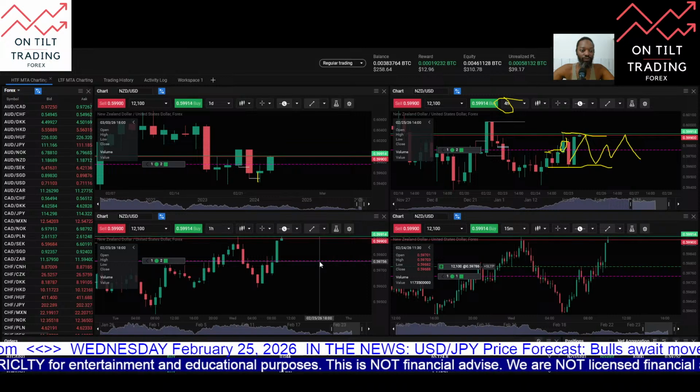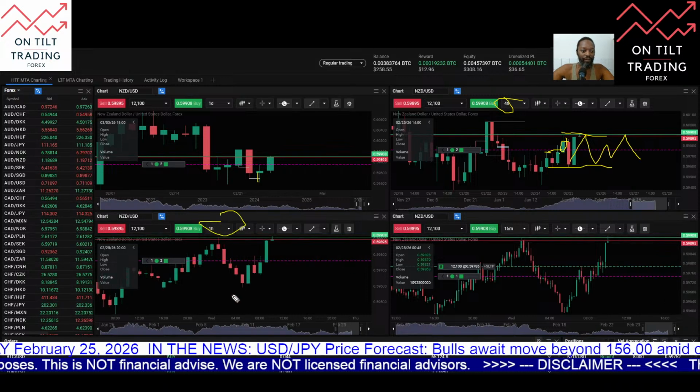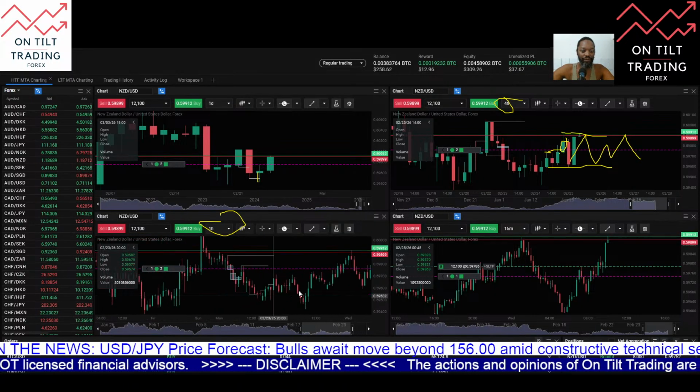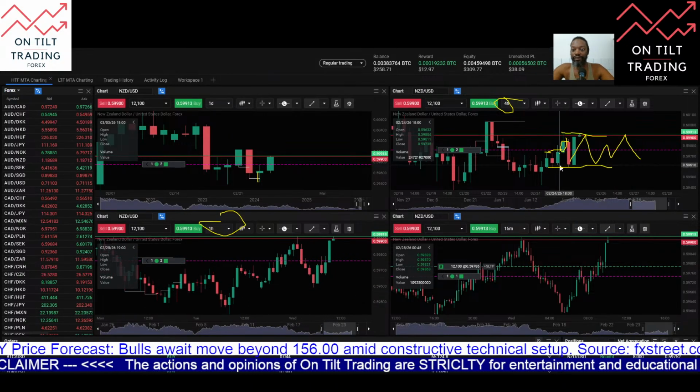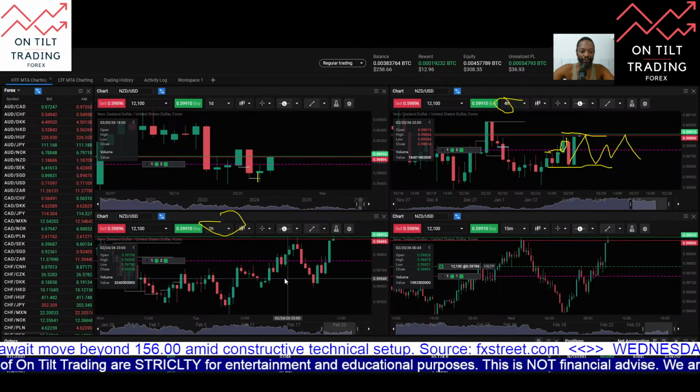Here on the 1-hour chart, we have that price action. Back up here. So where does this start? This is around the 22 of yesterday.